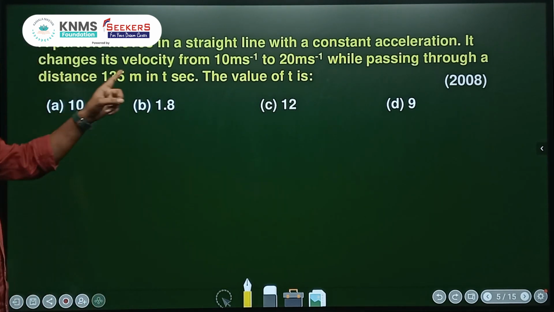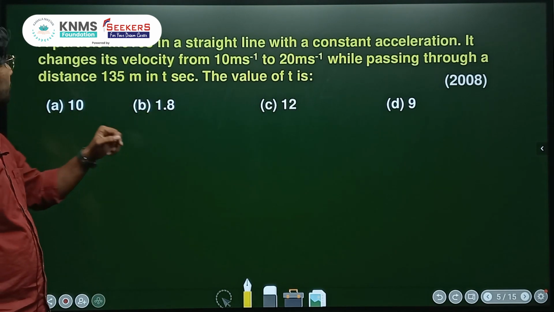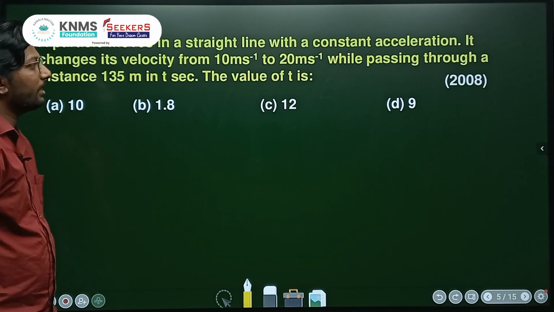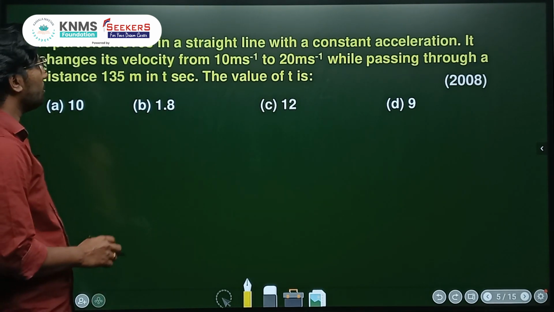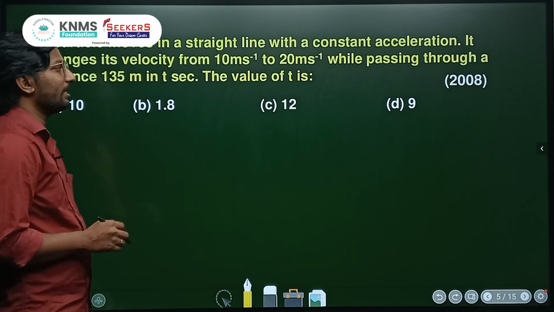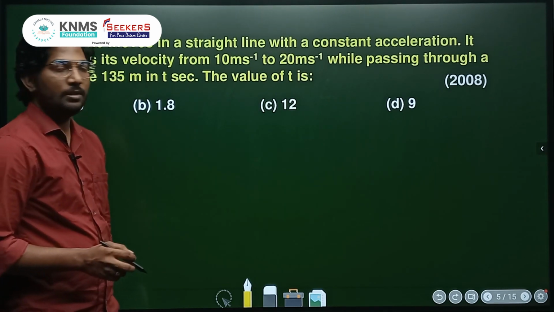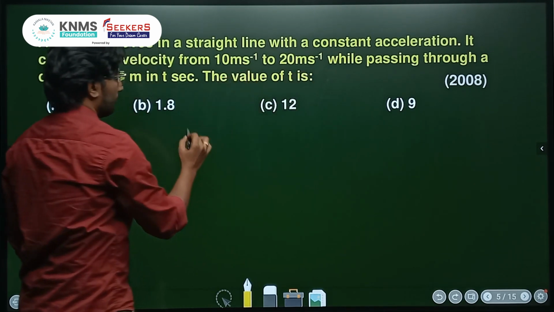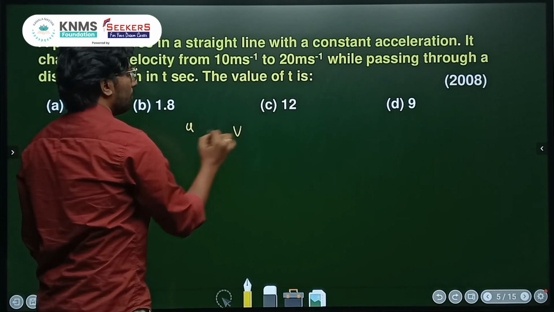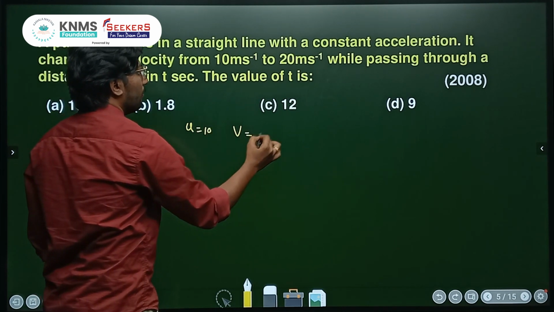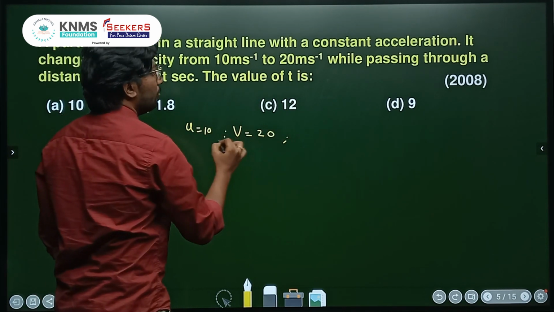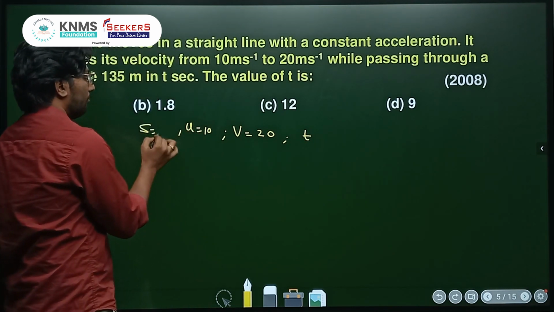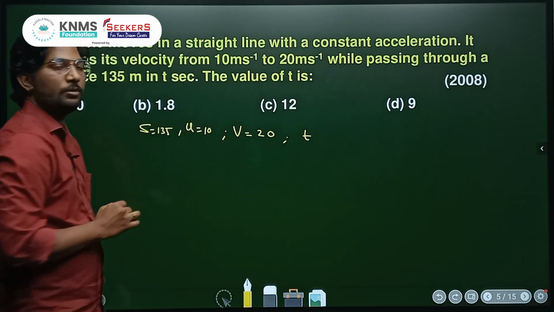A particle moves in a straight line with a constant acceleration. It changes its velocity from 10 meter per second to 20 meter per second while passing through a distance of 135 meters in t seconds. The value of t is. Now, this question is given with initial velocity u, final velocity v, initial velocity 10, final velocity 20, and it happened to finish this in some value of time by covering 135 meters of distance.